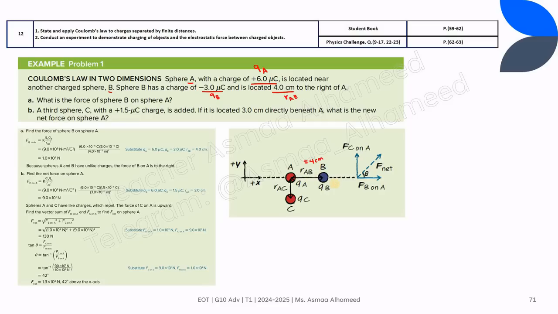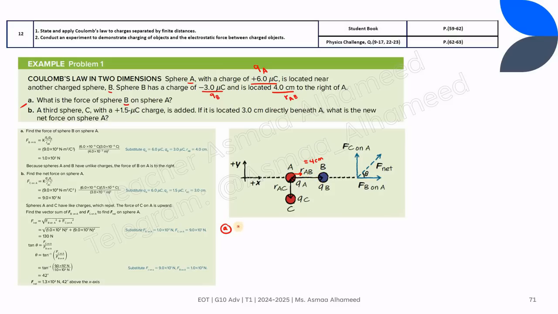So you need to know how to convert centimeters. Now part A says what is the force of B on charge A. So you go to charge A and see, does it get attracted, or does it get repulsed? In this case it will be attracted because it is positive and negative charge. So in this case you have attraction.